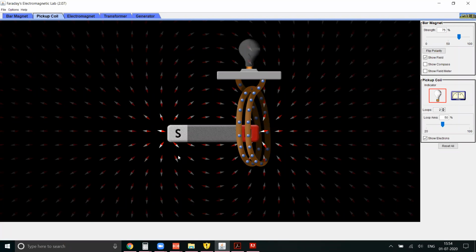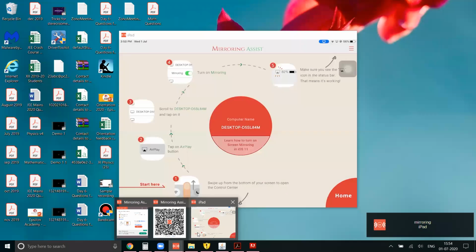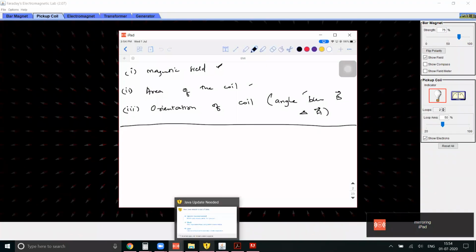Alternate current? Induced current? Induced current is okay, but induced current is not a variety. I cannot say it as that. So this type of current is called transient current. Transient means current which exists for a very small duration.